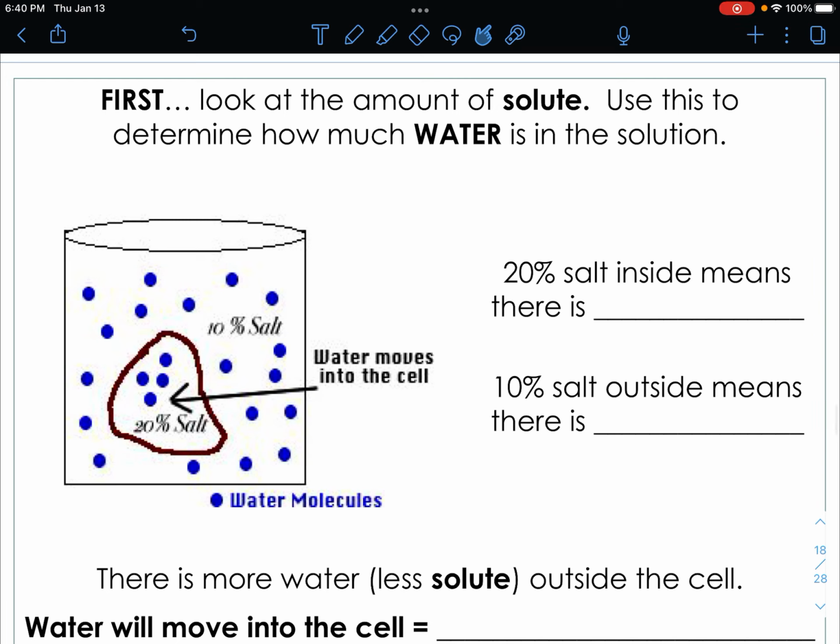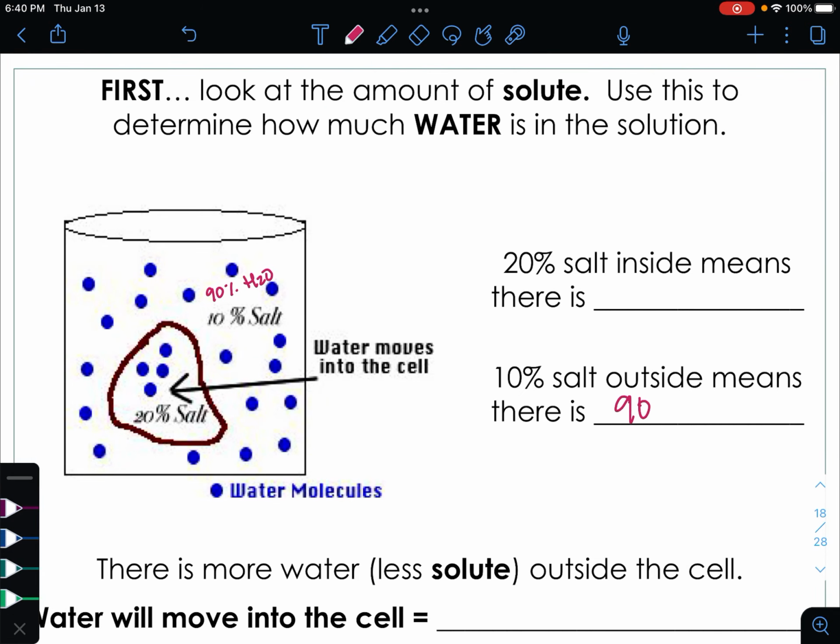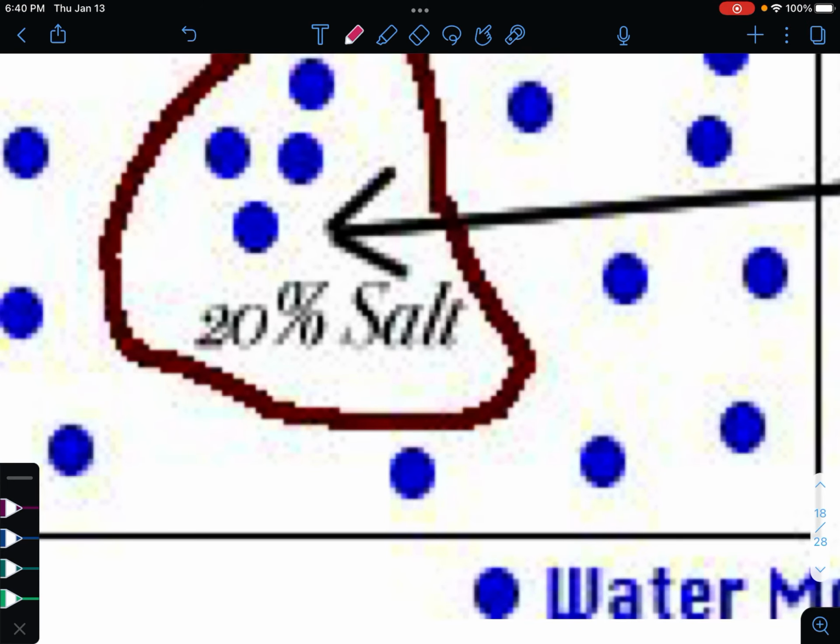All right, so just like our previous example, we're going to look at the solute to find the amount of water. So inside of our beaker, just in the solution, we have 10% salt still. So if we have 10% salt, that means we're going to have 90% water. And then inside of our cell, now we have 20% salt.